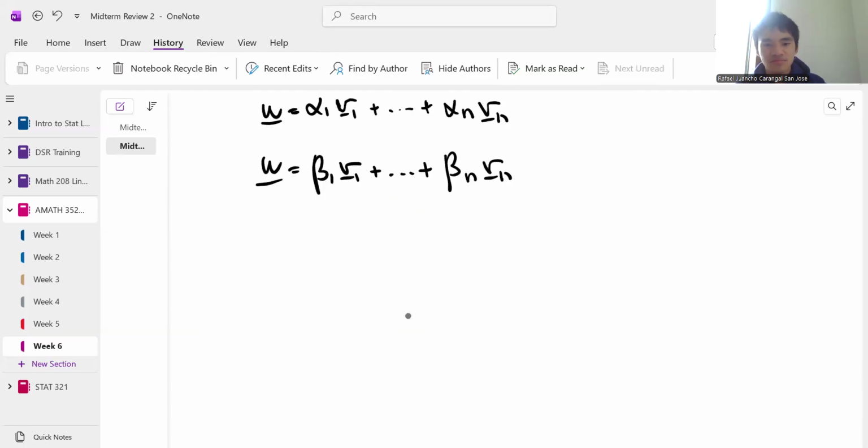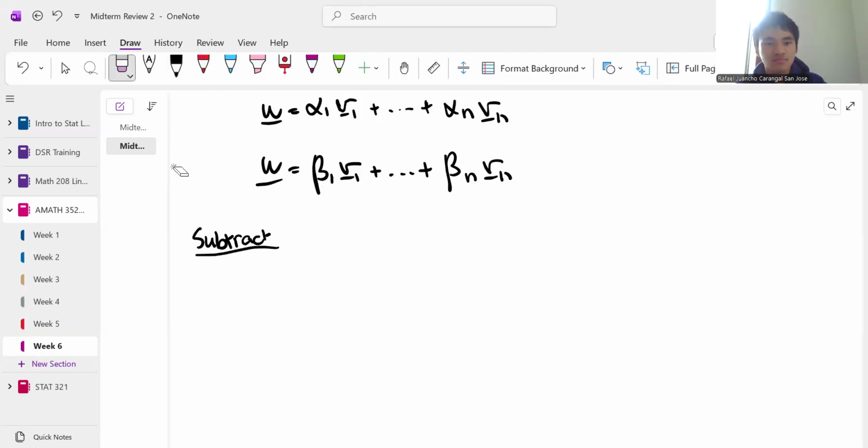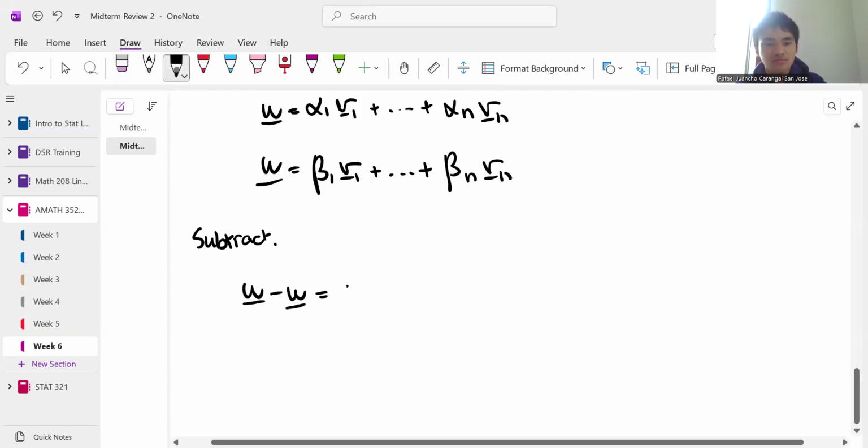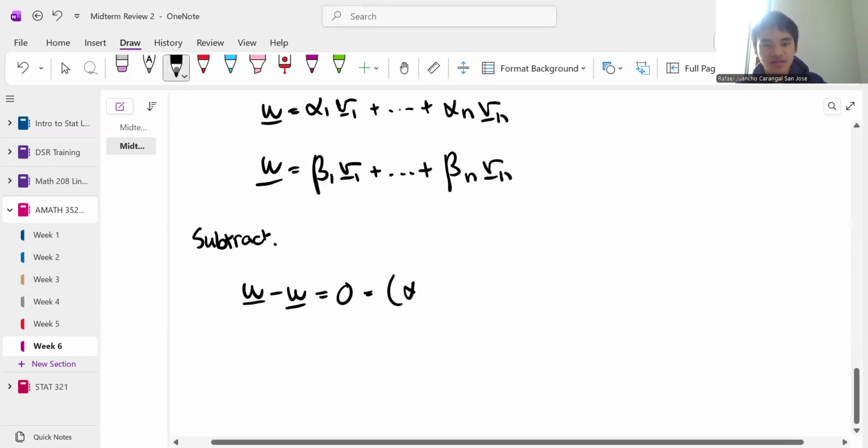So what we're gonna do is subtract. I'm gonna say W minus W is equal to 0, which is the same thing as subtracting alpha 1 minus beta 1 times V1, and I keep going to N, alpha N minus beta N times VN.